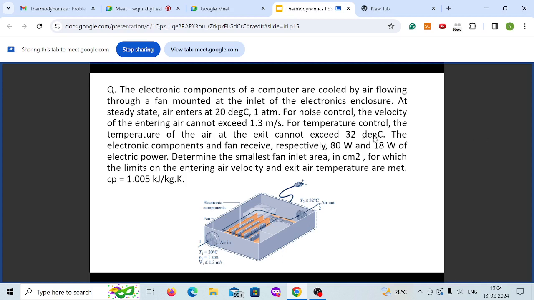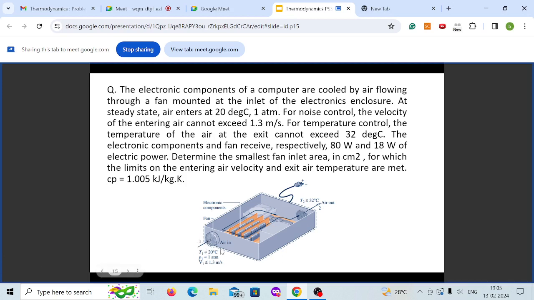So your exit is 32 degrees Celsius, and they are saying the electronic component and fan receive respectively 80 watts and 18 watts of electric power. So the electronic component has 80 watts, and the fan has 18 watts of energy coming in. So determine the smallest fan inlet area in centimeter square for which the limits on entering air velocity and exit air temperature are met.